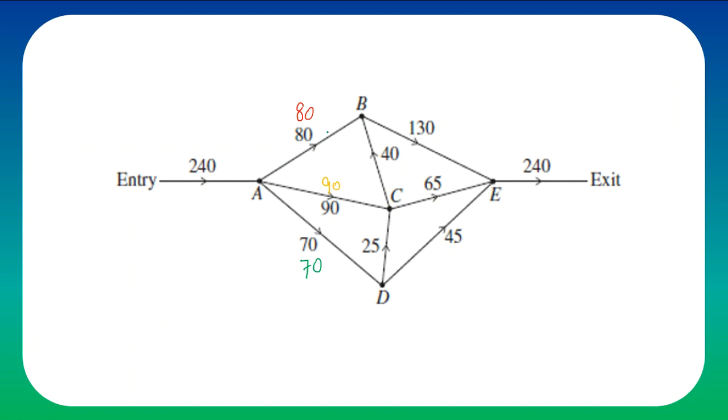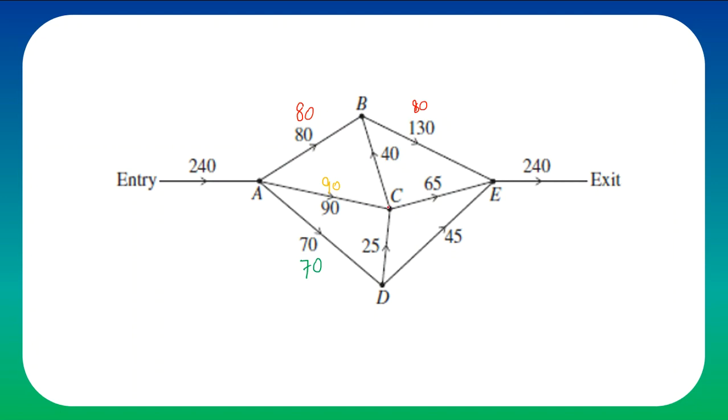Now let's move on. Let's say all of these 80 people, starting from here, flow through BE. So let me change my ink again. So all 80 pass through.